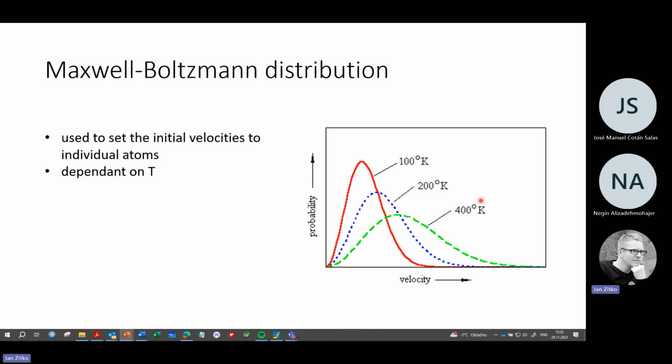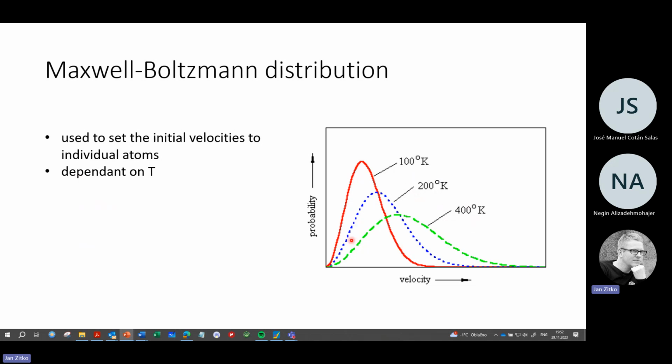If we now increase the temperature, and by the way, I said that we want to study the process in biologically relevant conditions. So the typical temperature would be 300 kelvins, which is like 27 degrees Celsius, something like that. Here we see the curves for 200 kelvins and 400 kelvins, and you see what the effect is.